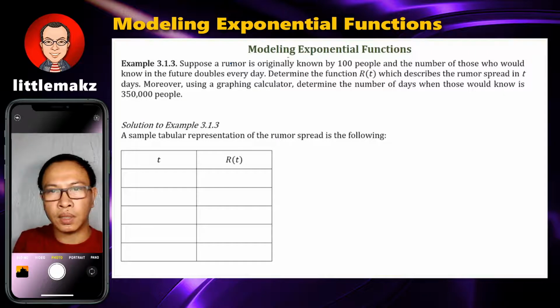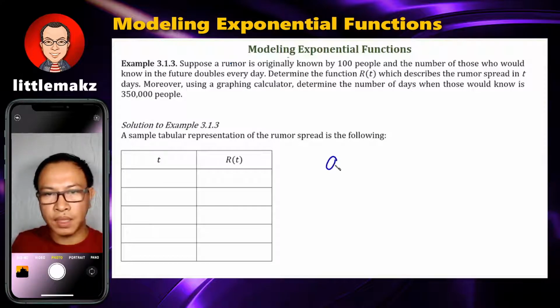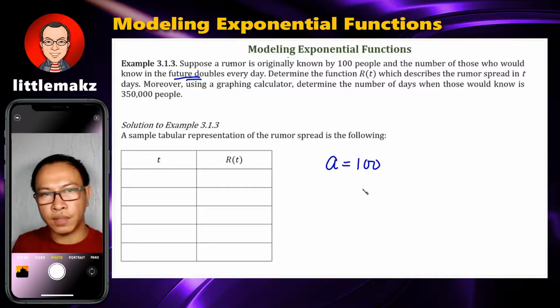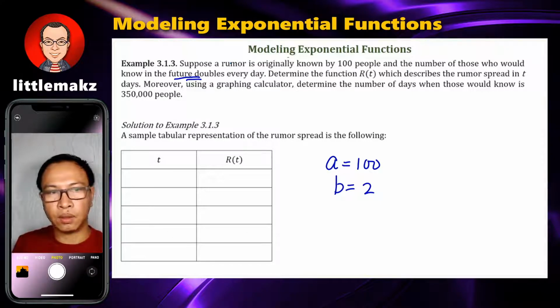And then we know that the initial value here, the initial number of people who know the rumor is 100. So that means that is A. A is equal to 100. And it says here, the number of people who know the rumor doubles every day. So that means this is B equals 2. So we try to fill the table in, and it goes something like this one.